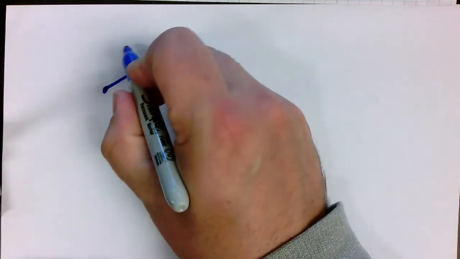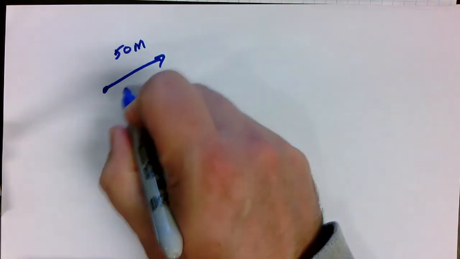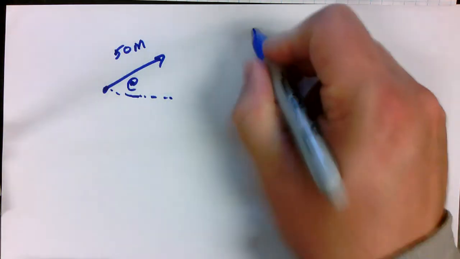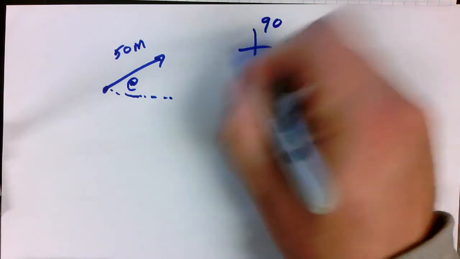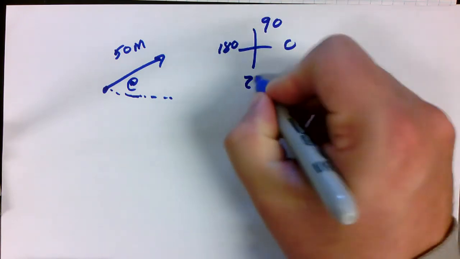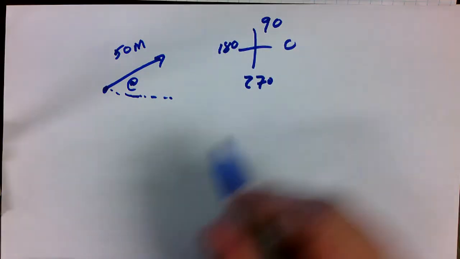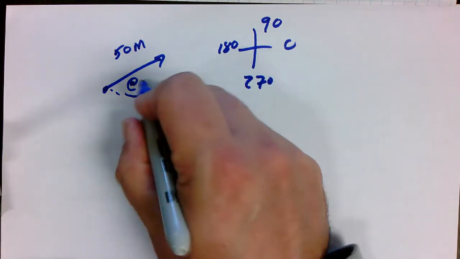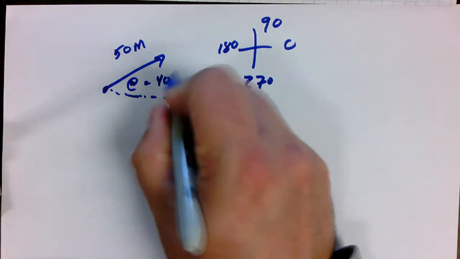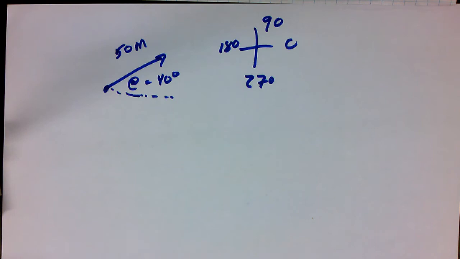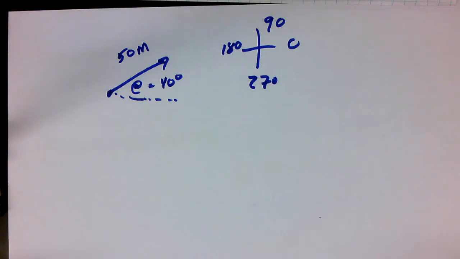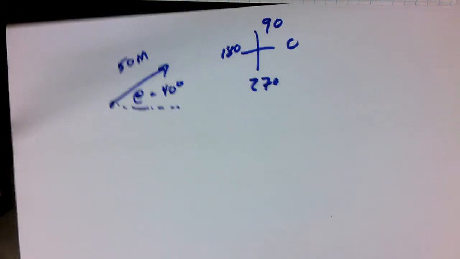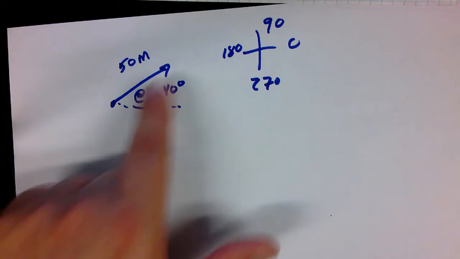Let's say this vector represents 50 meters at an angle in polar coordinates, 0, 90, 180, 270. Let's just say that we are at an angle of 40 degrees. This vector has both an x and a y component that get to that point.